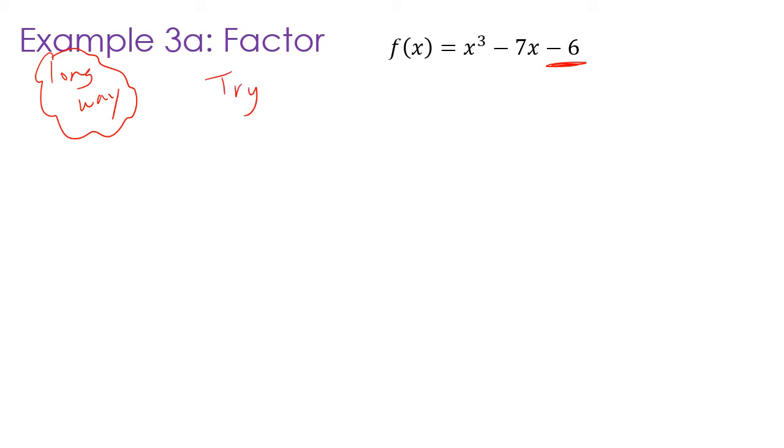So here's the trial and error part. You are going to try factors of -6, which you could try: plus or minus 1, plus or minus 2, plus or minus 3, plus or minus 6. So I'm going to get you to try that, and as I'm trying it, I'm going to write all of these factors down.